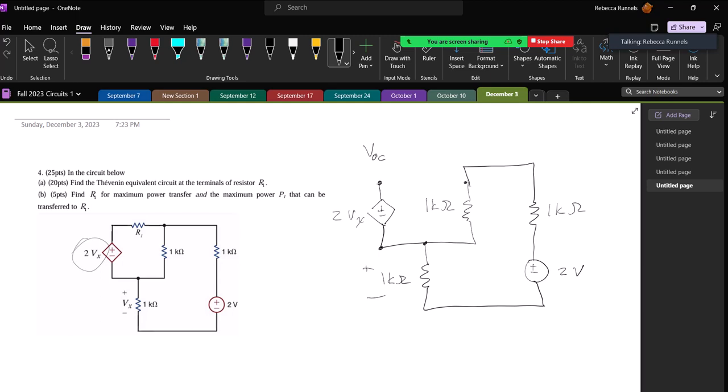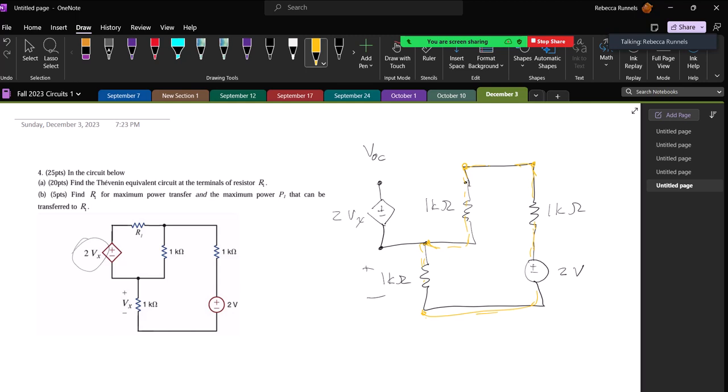I don't know this voltage yet, but I'm about to get there, and it's not so bad because when this is open, the current flows like this, just simply like that, through 3 1 kilo ohm resistors, which are all identical.